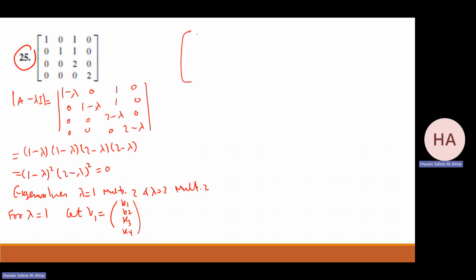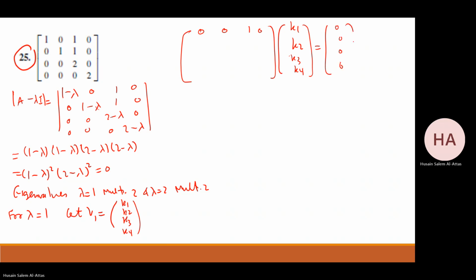Lambda equal 1, so I have 0, 0, 1, 0, 0, 0, 1, 0, 0, 0, 0, 1.